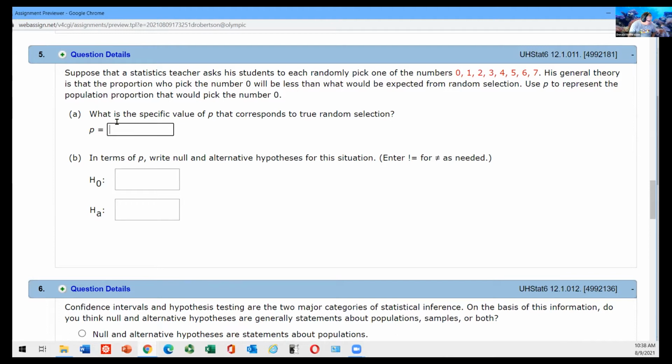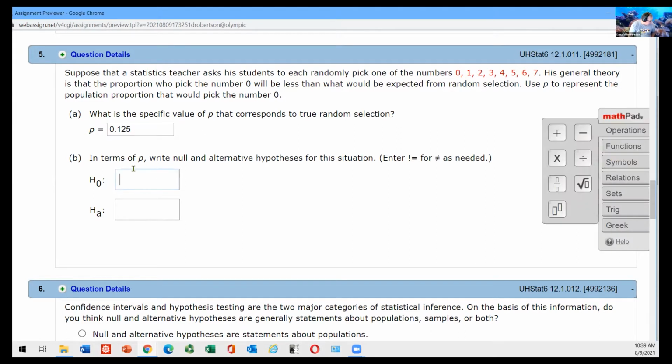Now, if things were truly random, wouldn't you agree that there's a 1 out of 8, which is 0.125? And the null hypothesis is that P is equal to 0.125, right? Nothing special going on here, nothing to see.